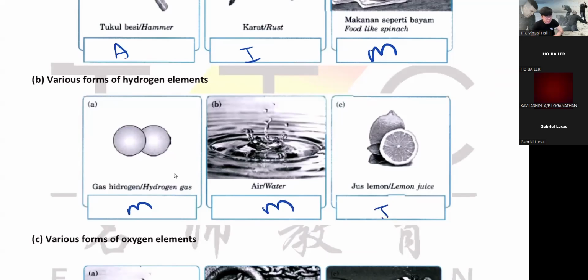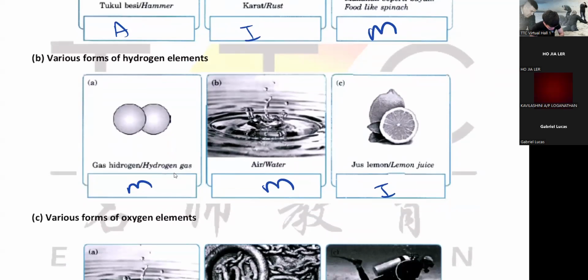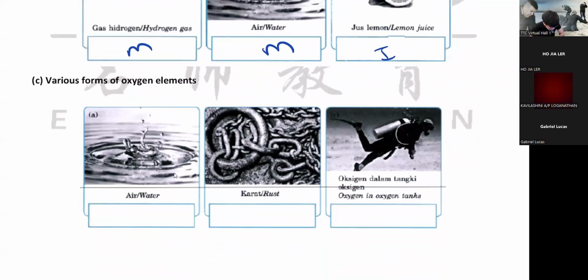Lemon juice is ionic, because all acids and alkalis are ions. Although they are not metals, they are still ion. I'm not going to go into that because it's not in your syllabus. So C, water is molecule as well. Rust, ionic. Oxygen in your tank, also molecule.